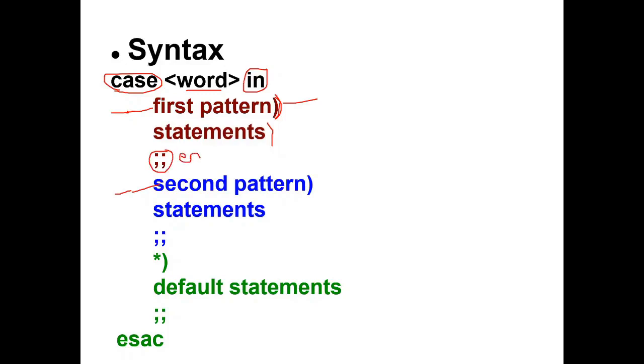Even this is compulsory. So this is your second pattern with the bracket, statements and end of statements, and so on. And by default, if you want a default statement, then you need to use star and bracket. Star and bracket you need to use, and that is your default statement, end of statement and end of case statement. This is an example we'll see.